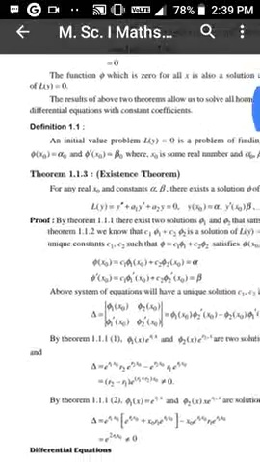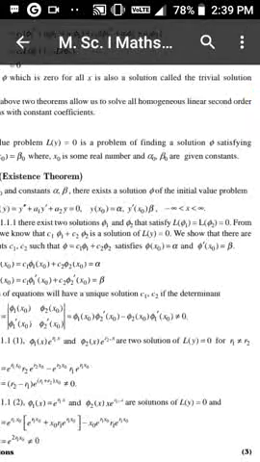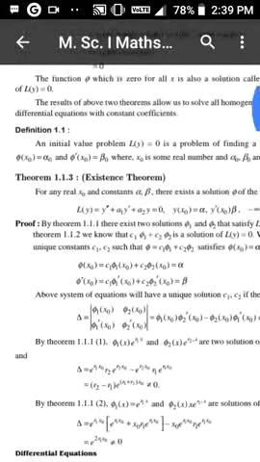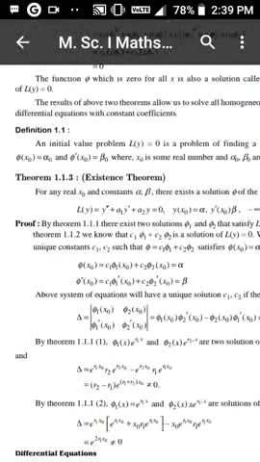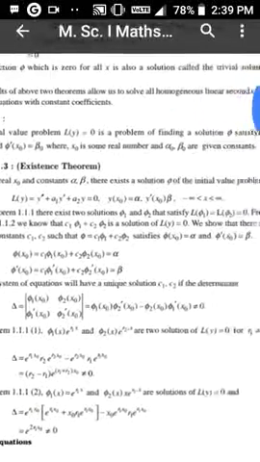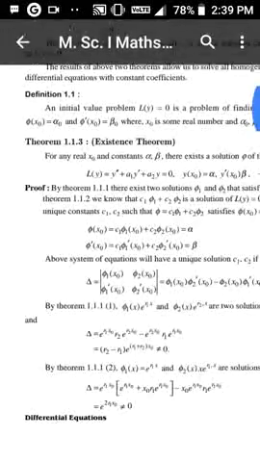The above system of equations will have unique solutions c1, c2 if the determinant delta, with rows phi1 of x naught, phi2 of x naught and phi1 dash of x naught, phi2 dash of x naught, is not equal to 0.